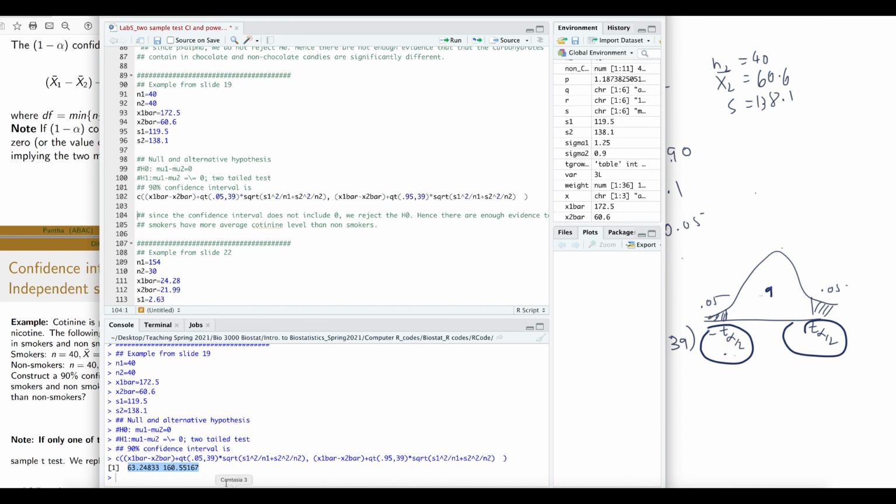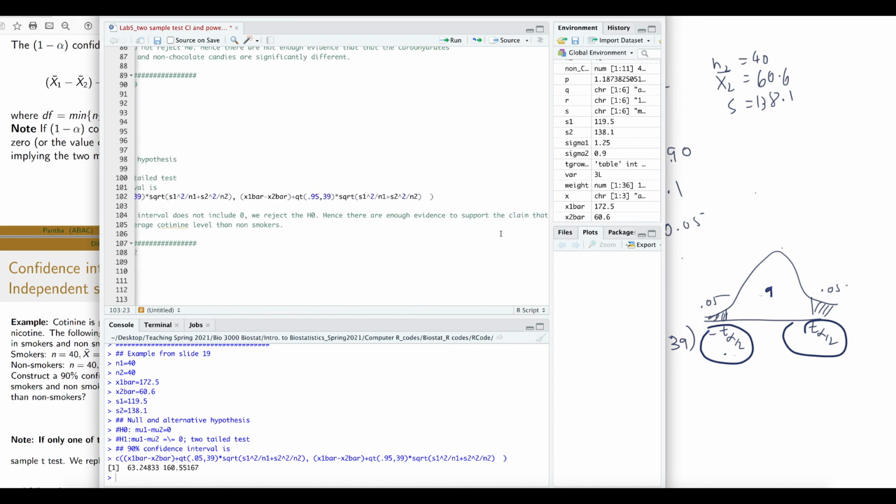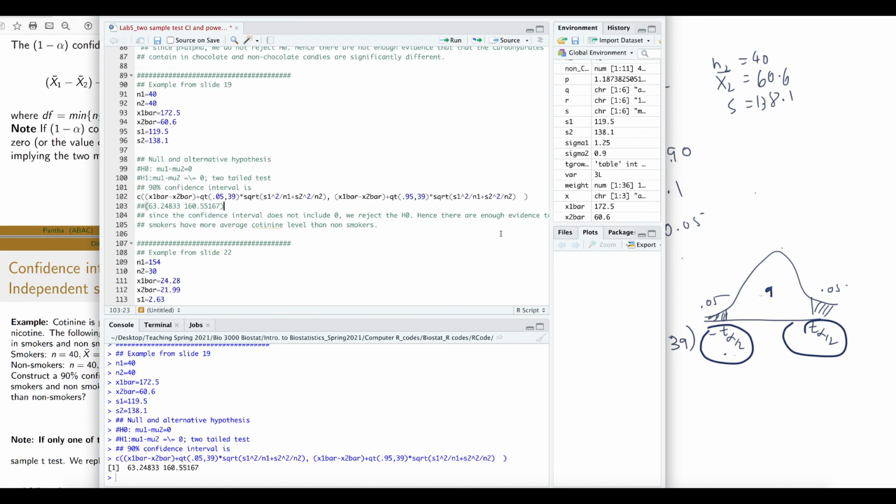Let me copy this and write that down. This is what I got in the answer. Since the confidence interval does not include 0, we reject the null hypothesis. Hence there is enough evidence to support the claim that the smokers have a higher average cotinine level than non-smokers.